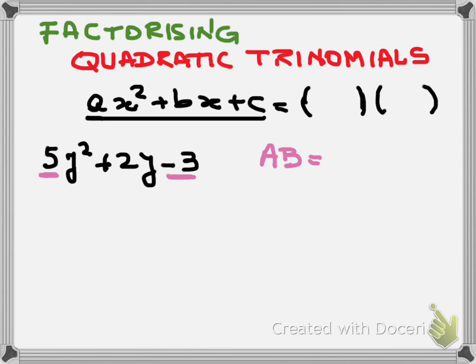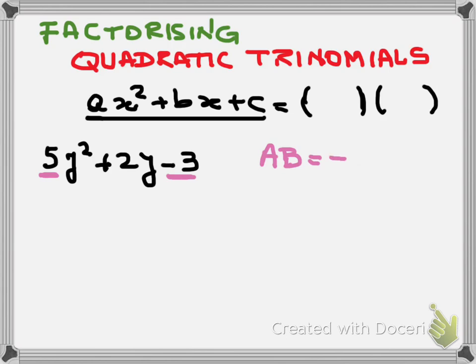In my case, it's 5 multiplied by negative 3, so minus 15. So I am looking for two numbers, A and B, whose multiplication is negative 15. I am going to erase this and write directly negative 15.